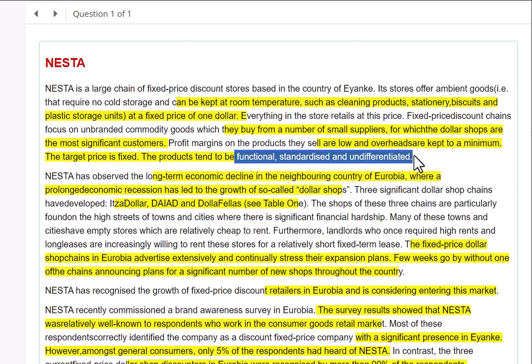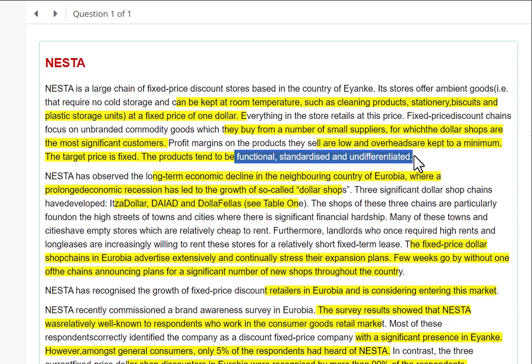Whenever the products are undifferentiated, we are in a position to easily find an alternative supplier. If supplier A is charging us more for a particular item, then we will try to find other suppliers who will deliver the same item at a lesser price or maybe an equal price, but with a higher satisfaction level.